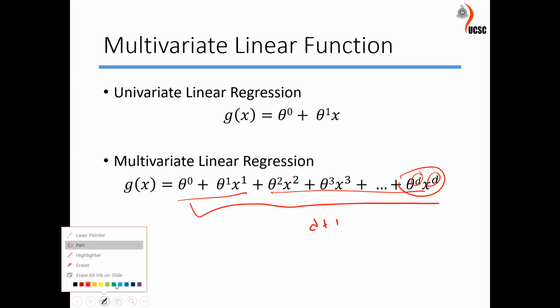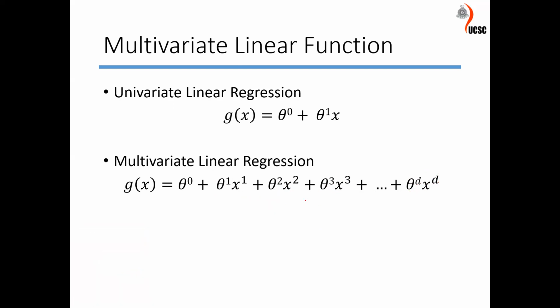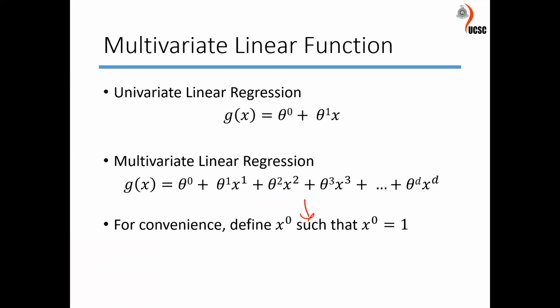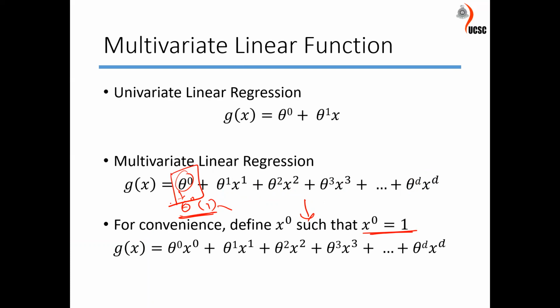To make it more convenient, we can come up with a form like this. If we have theta naught times 1, the 0 power of any number gives 1, so we can write something for this theta naught like this.